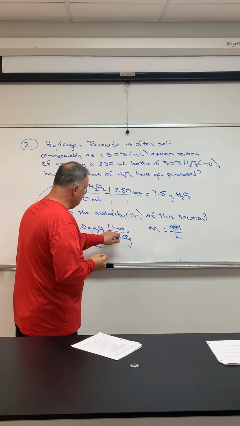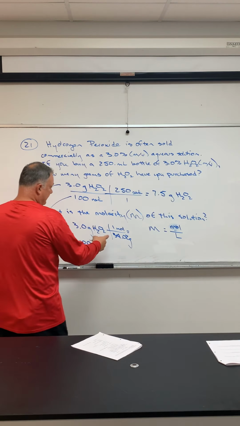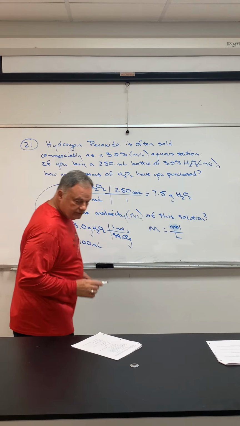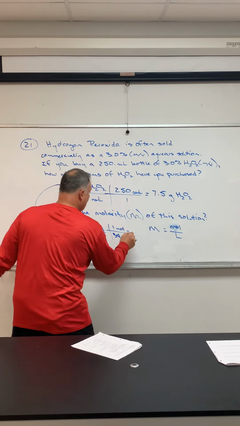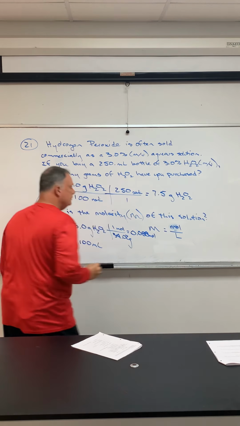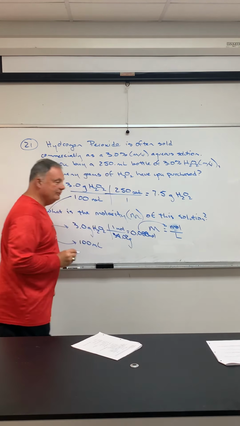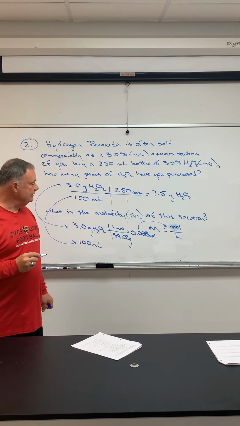And then I did a molar mass conversion like we've been doing for the last 3 or 4 chapters, and I'm solving this problem to determine the moles. My answer comes out to be 0.088 moles. So that's the top part that needs to go into the solving of my molarity equation.